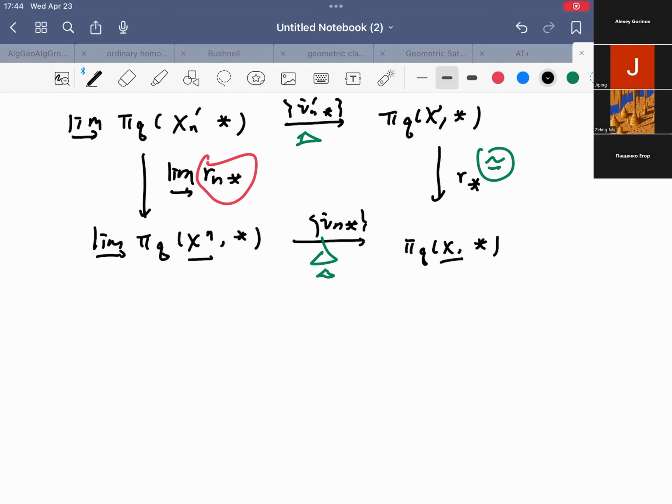The image of every map from a sphere to the union is completely contained in some finite subcomplex X_n, and ditto for homology and for homotopy between any two such maps. So this is standard.